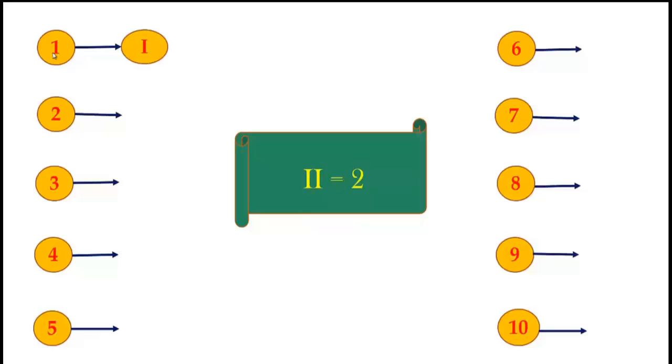That is 1 plus 1, which is 2. 3 is written as III, that is 1 plus 1 plus 1, which will give you 3. So, the Roman numeral for 3 is III.